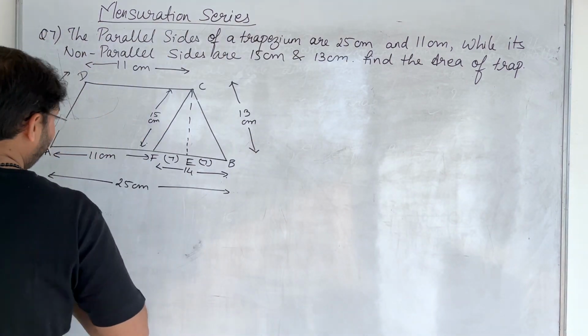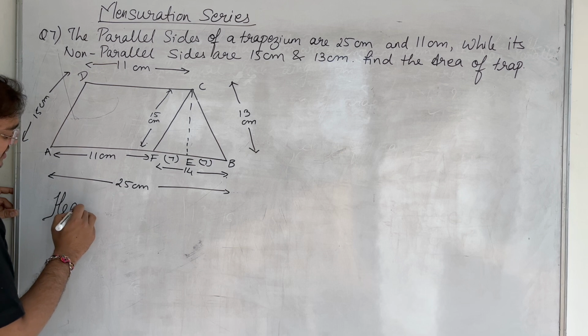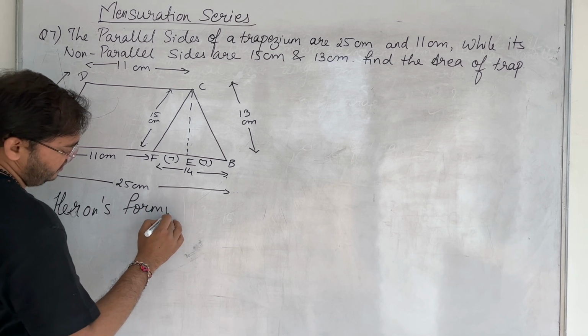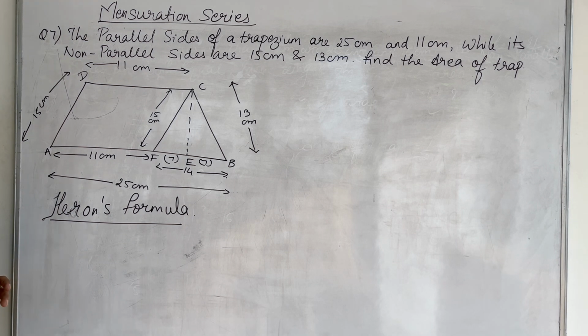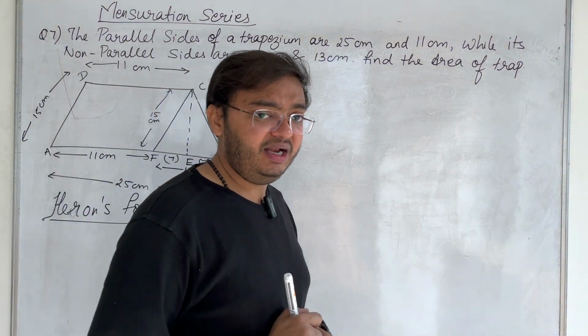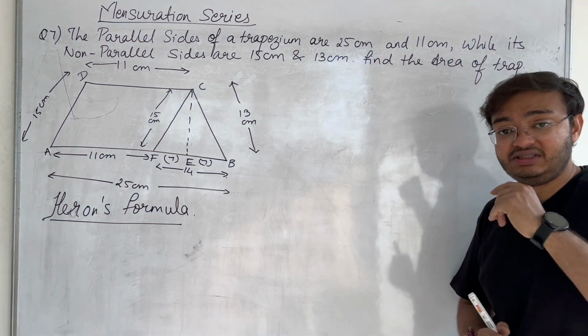So when such type of things come, we are going to use the formula, that is Heron's formula. What is this Heron's formula? Heron's formula is a formula which we basically use with the scalene triangles, and this is the concept of 10th.